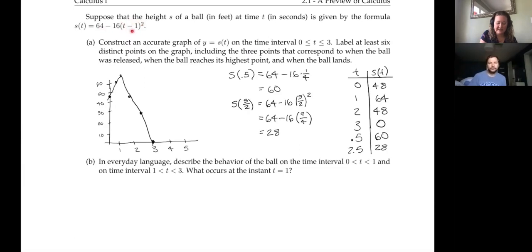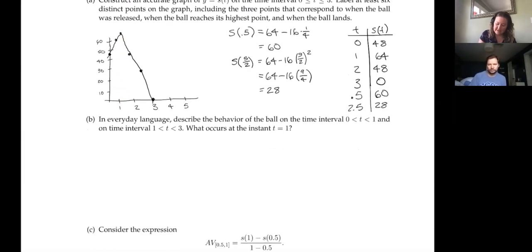Because anything plugged in here, when you square it, will be positive, and so you're always subtracting off something. So the maximum height is going to be 64 when you're subtracting off 0, and that's at the time t equals 1.